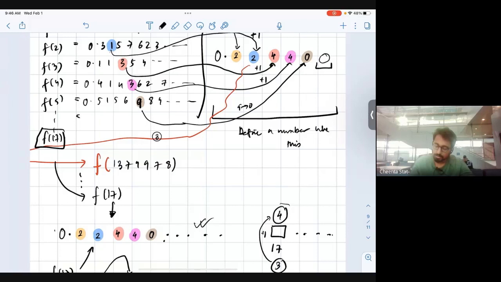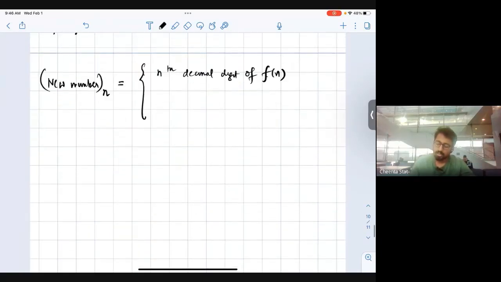The nth decimal digit of this new number is taken from the nth decimal digit of f of n. For the fifth, we take the fifth decimal digit, 9, and we add 1. If this digit is not 9, we add 1; if it is 9, we make it 0. Do you understand this?